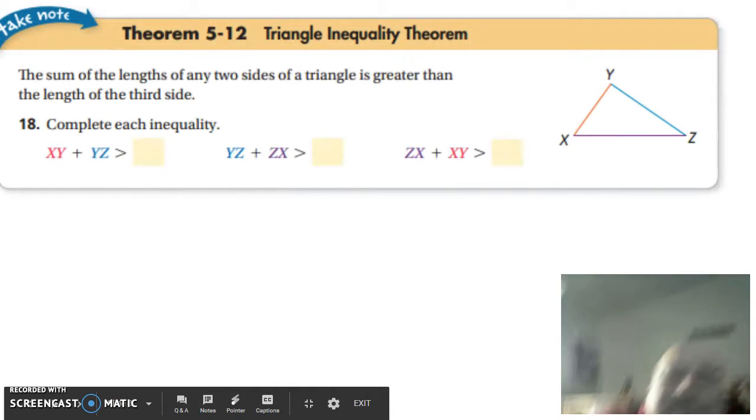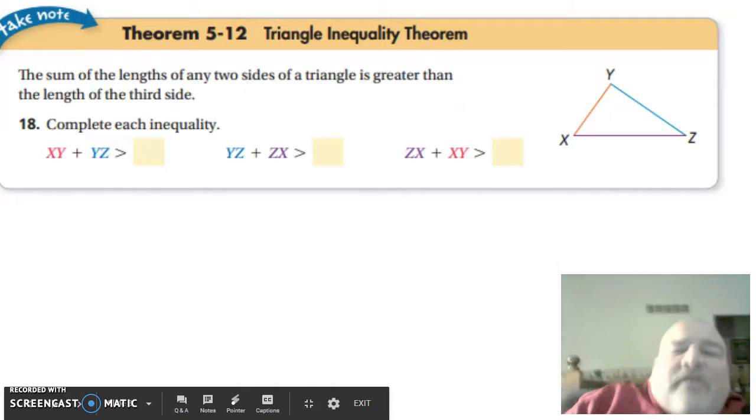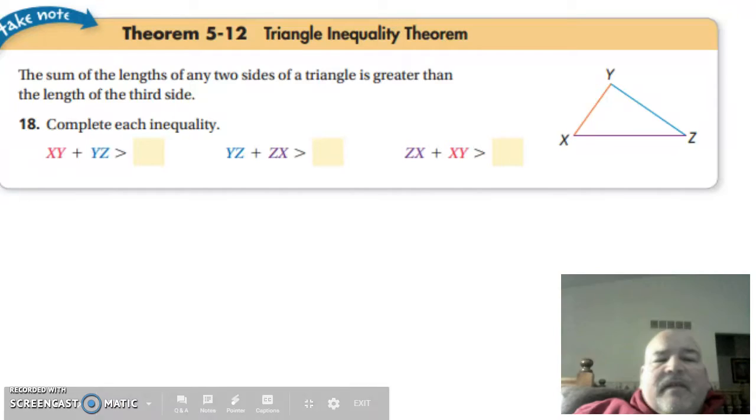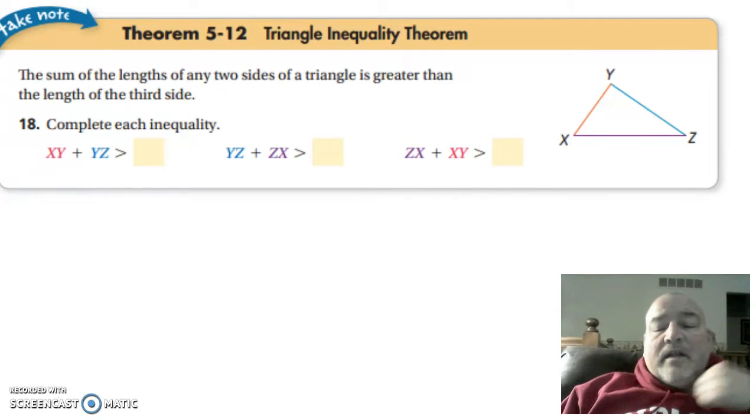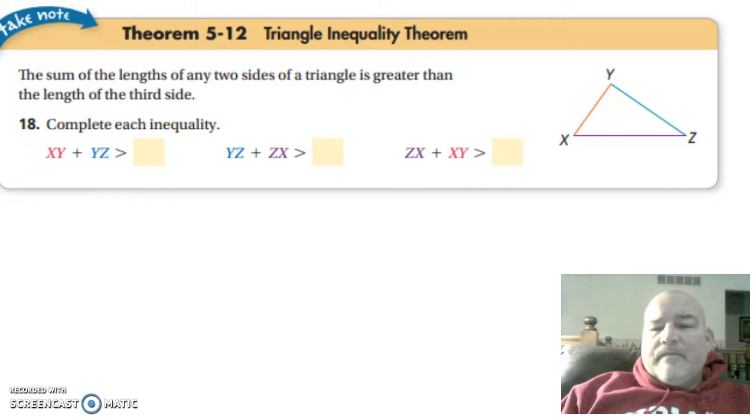More on triangles. In order for three sides to form a triangle, the sum of the lengths of any two sides of a triangle must be greater than the length of the third side. So if we look at our diagram of triangle XYZ, XY plus YZ would have to be greater than what?